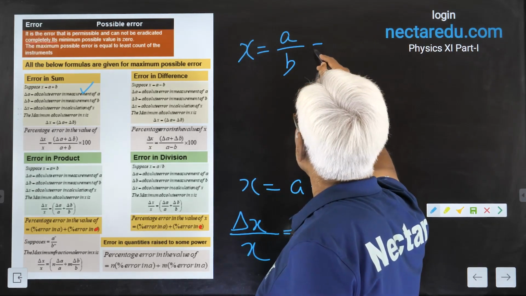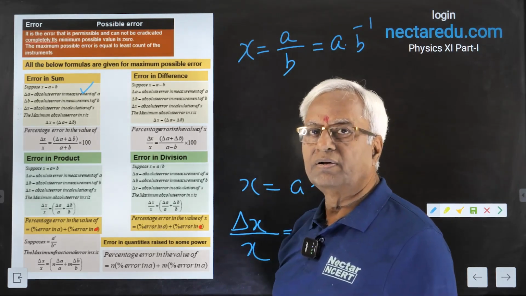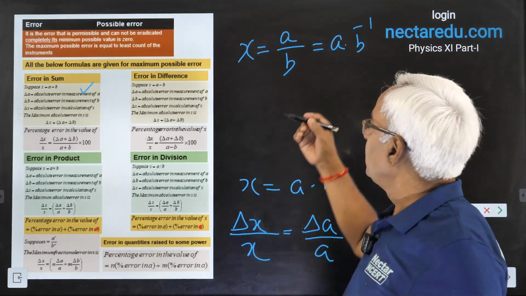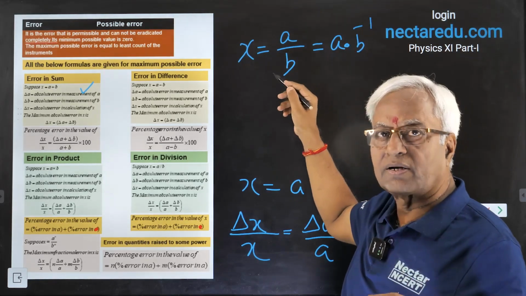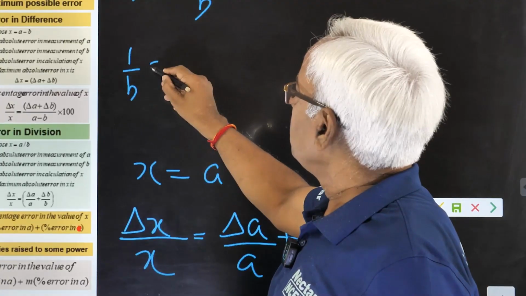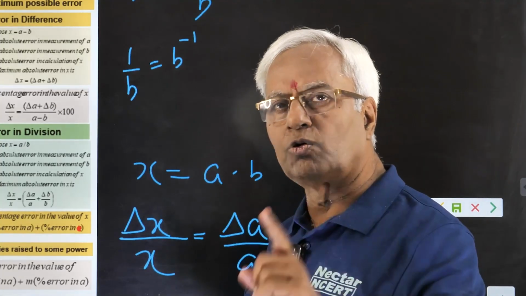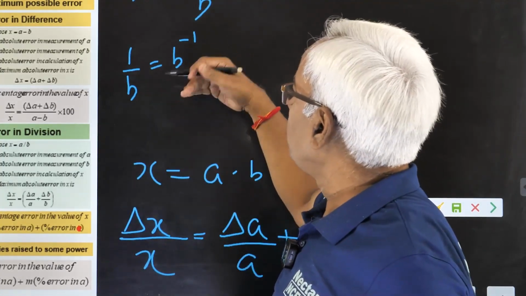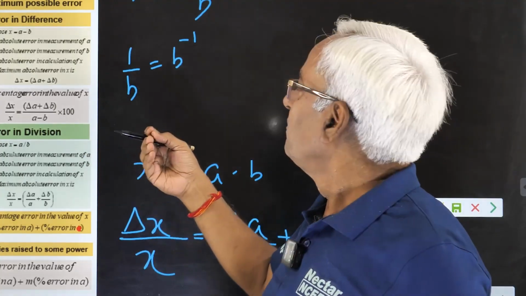And similarly, suppose it is the ratio, or you might call it division, X equal to A upon B. This could be written as A times B to the power minus 1. Though the power is minus 1 for B, still it is here the product. I'll repeat this thing: 1 upon B is B to the power minus 1. B is in the denominator, that could be written as B to the power minus 1. Both are equally correct, equally good.